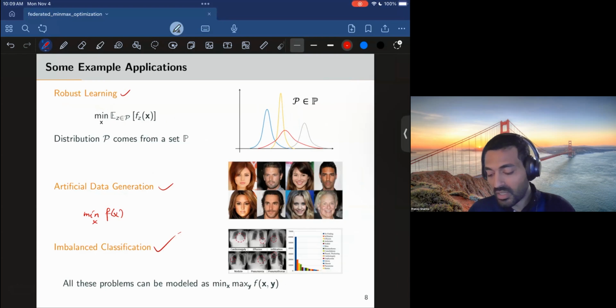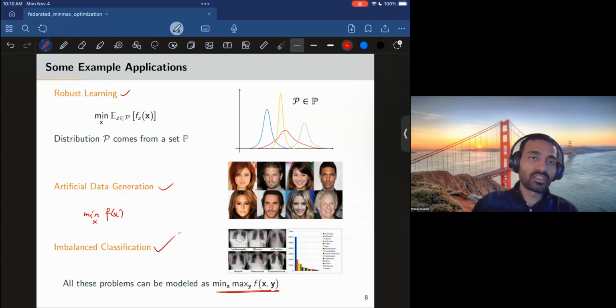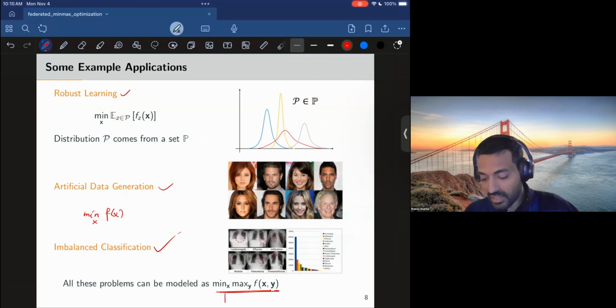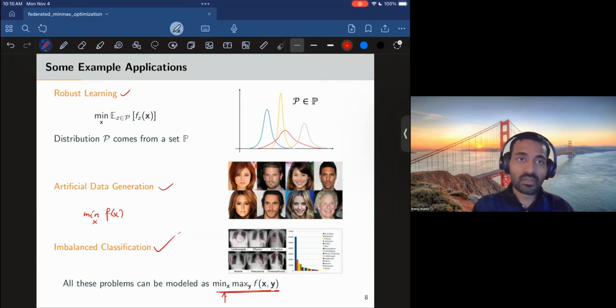However, we can model them using a slightly more general class of problems called min-max problems. If we define our loss function in a clever manner, it has two sets of variables, x and y. We minimize it with respect to one set of variables and maximize it with respect to the other set of variables. So this min-max formulation is able to capture all these three problems.